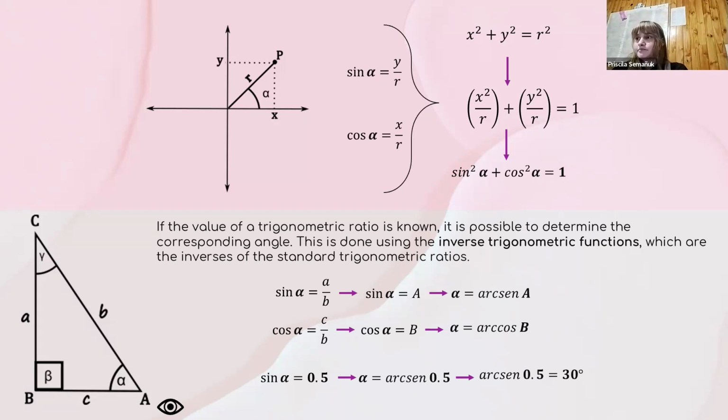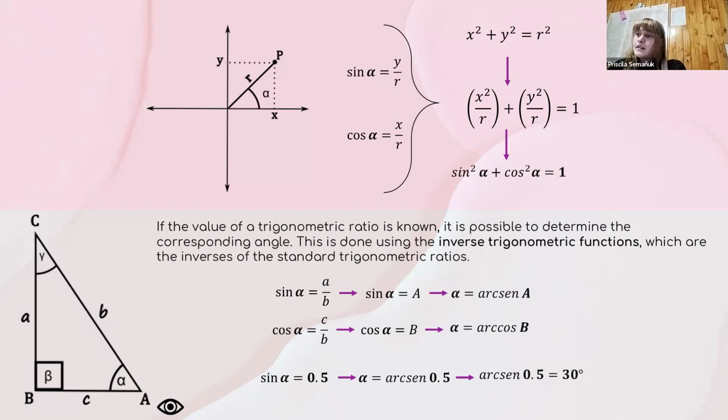And if we divide both sides by r, we end up with the identity: sine to the power of 2 of alpha plus cosine to the power of 2 of alpha equals 1. Obviously, the angle needs to be the same. This is just an identity.